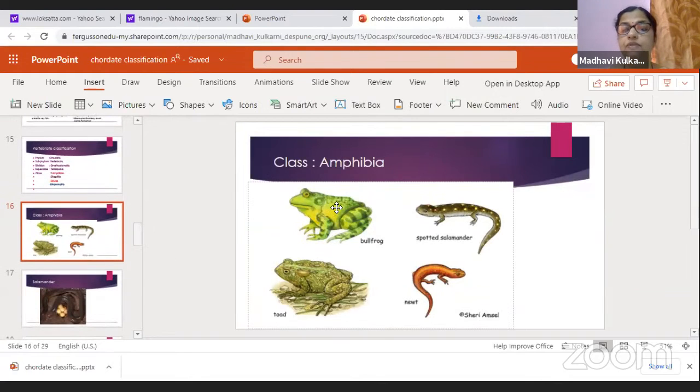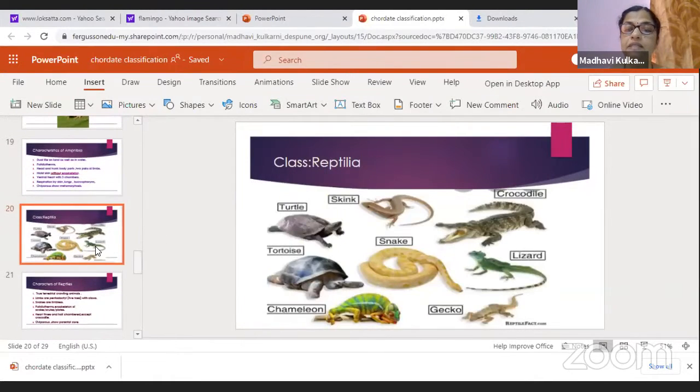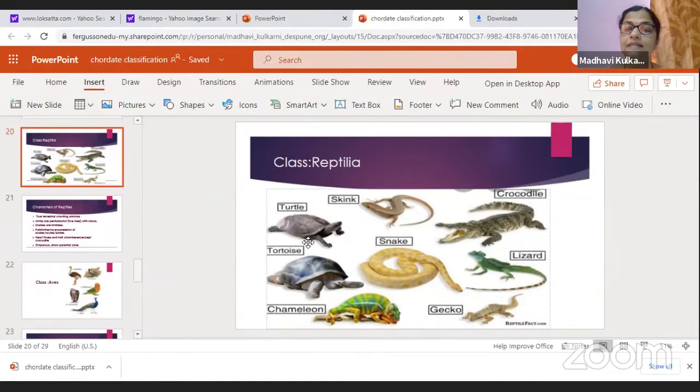From every class, remember one classic example to remember the characteristics. From Amphibia, remember a frog. From reptiles, remember a lizard: dry scales, pentadactyl limbs, true terrestrial animals, oviparous animals.